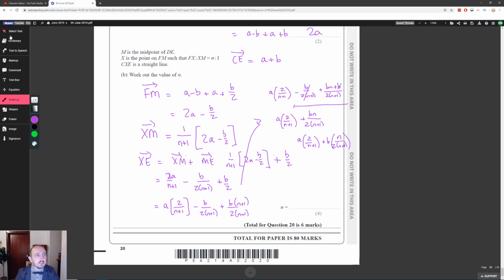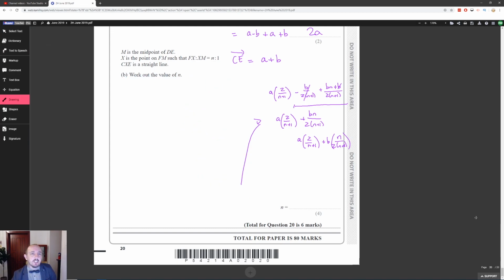So we're just going to remove some of this from here. So we have the ratios of a's to b's for CE. That is a over b because they're in a one-to-one relationship. And then for the x to e, we have this weird 2 over n plus 1 divided by the b brackets n over 2 brackets n plus 1.